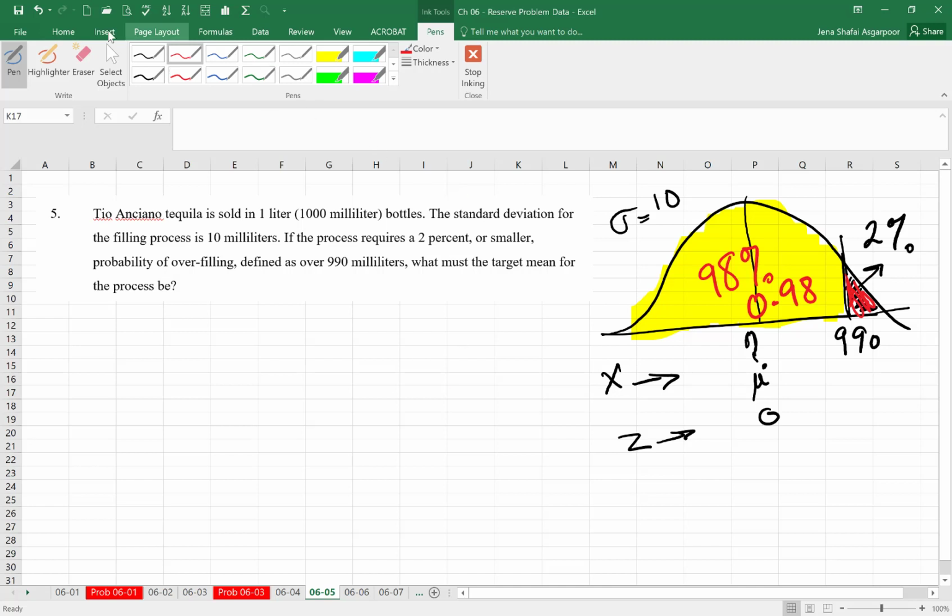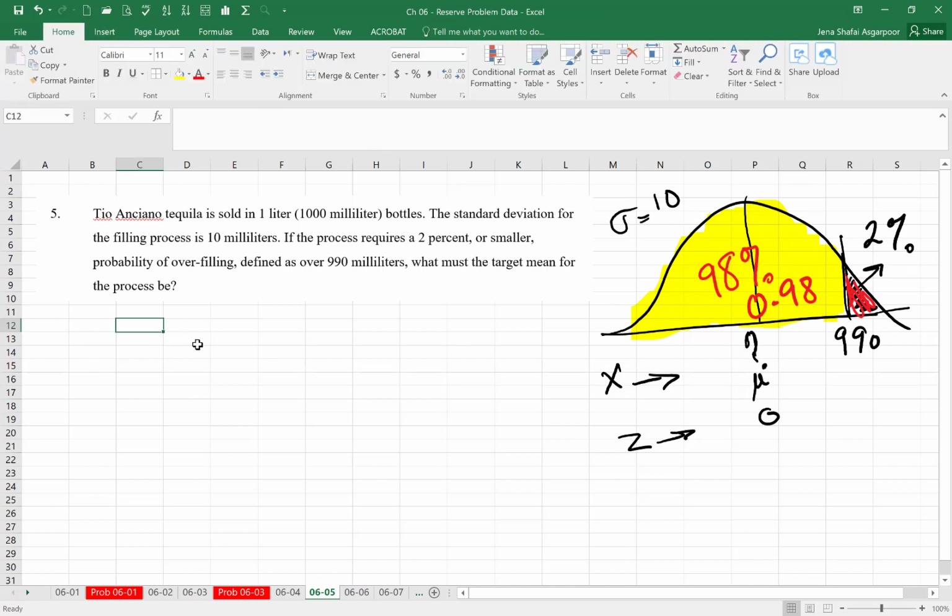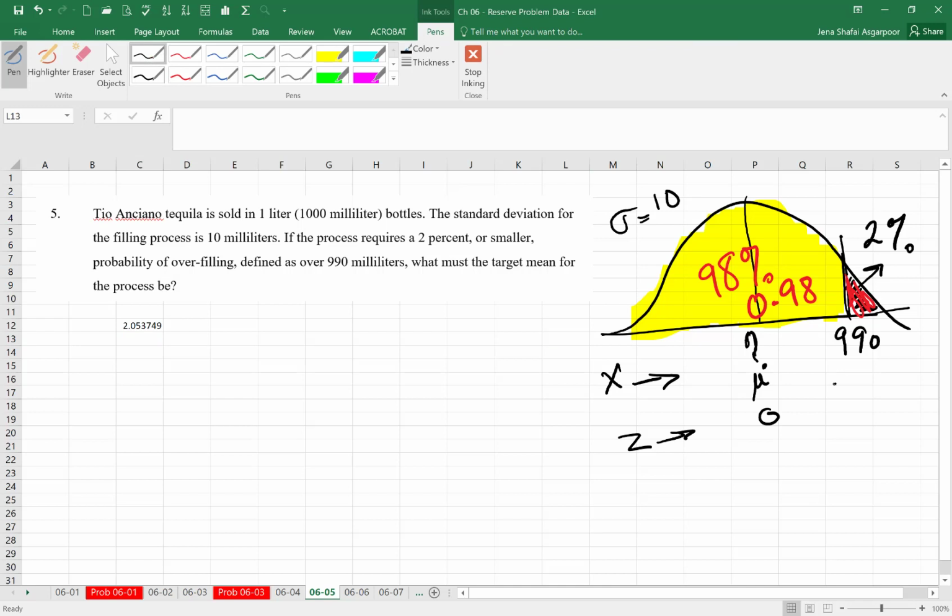So I can use that knowledge and the standard normal inverse function. So NORM.S.INV, and then I will put 0.98. So my z value over here is 2.054. That's the z-value that is associated with 990 as the x value on the normal curve.